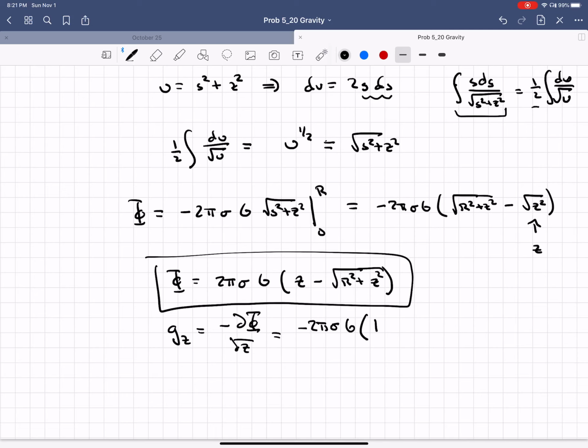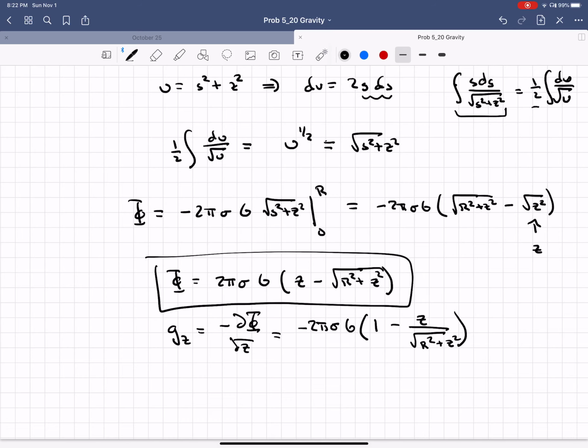Now I'm going to get minus z over the square root of R squared plus z squared. Because when I take the derivative of the square root, I would get a 1/2 times all the stuff, that square root would go into the bottom. Then I take the derivative of the z squared in the top, and I would get a 2z, and that would cancel with the 1/2.